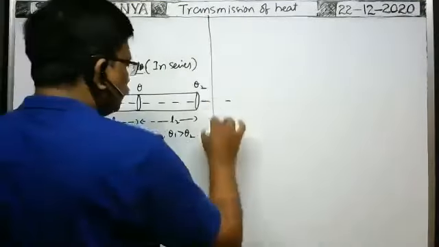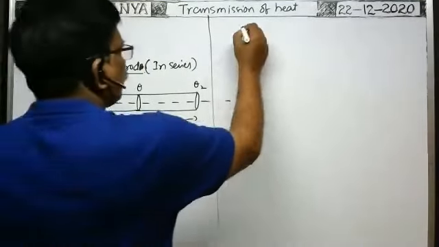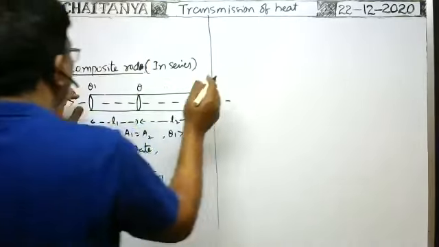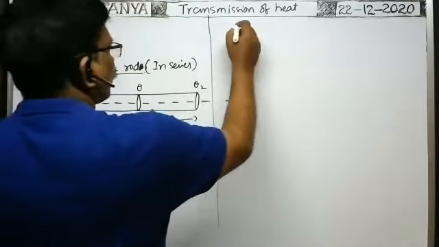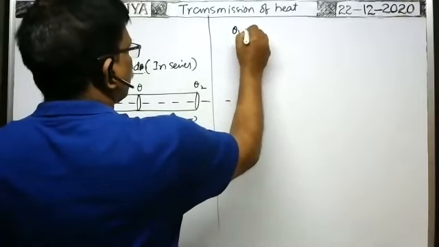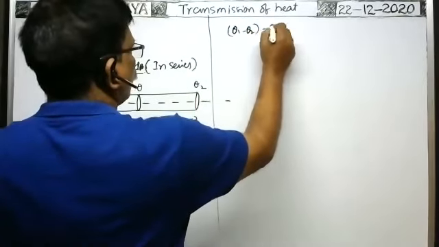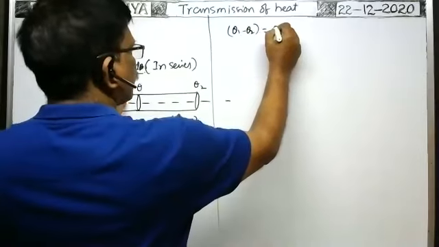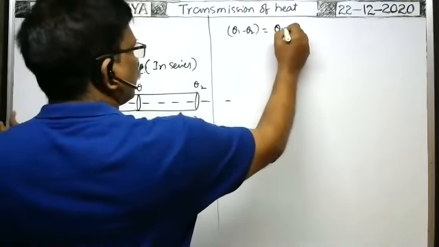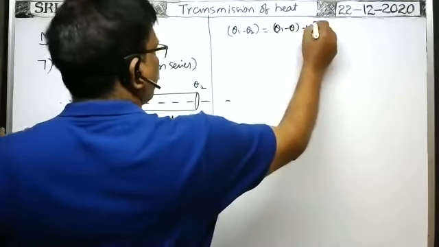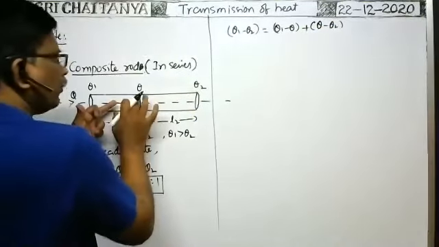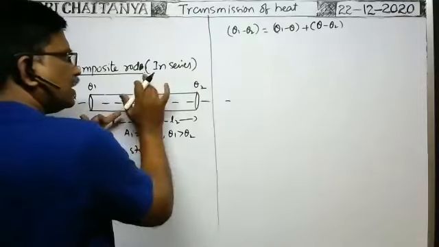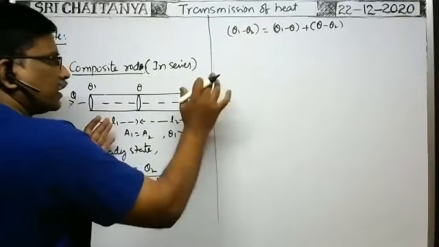Next, from the formula, you see here temperature difference across these two ends of the composite rod, that is theta 1 minus theta 2, is equal to temperature difference across the first rod, theta 1 minus theta, plus temperature difference across the second rod, theta minus theta 2. Because heat energy is flowing in this direction, that means this is greater than this one. Theta minus theta is the temperature difference.